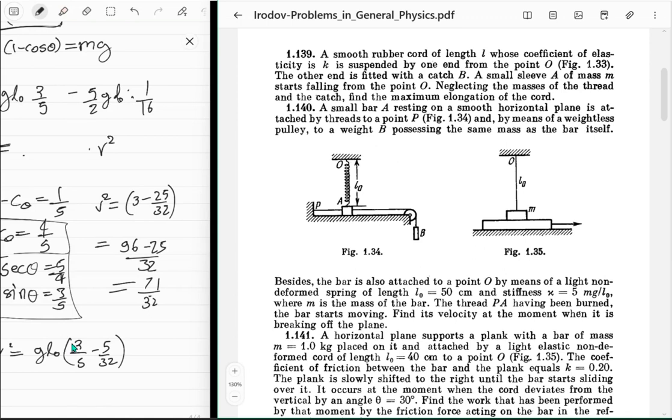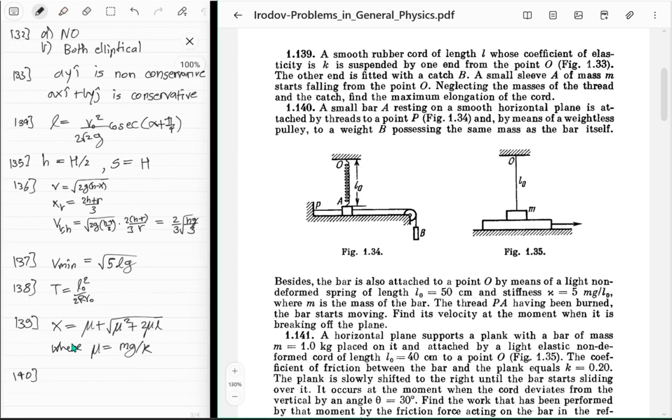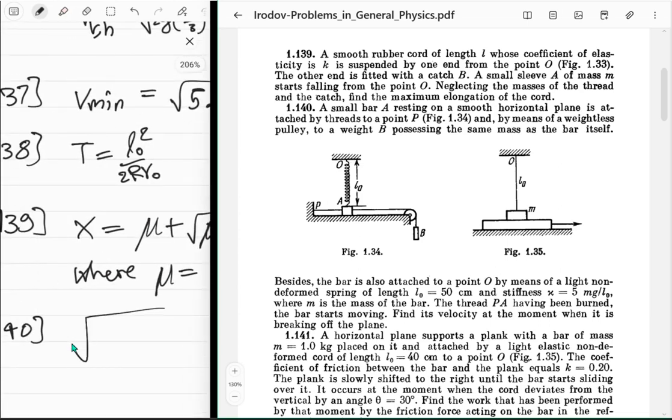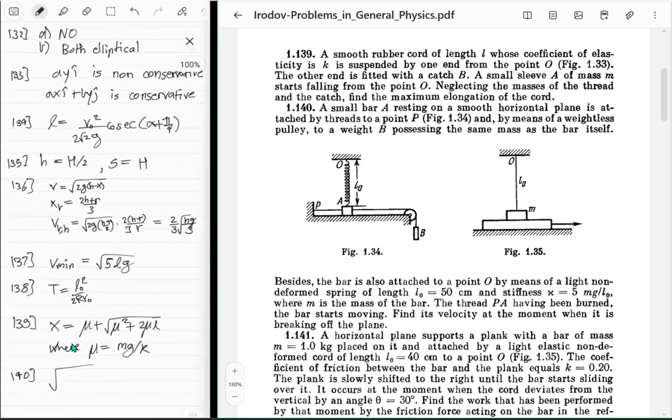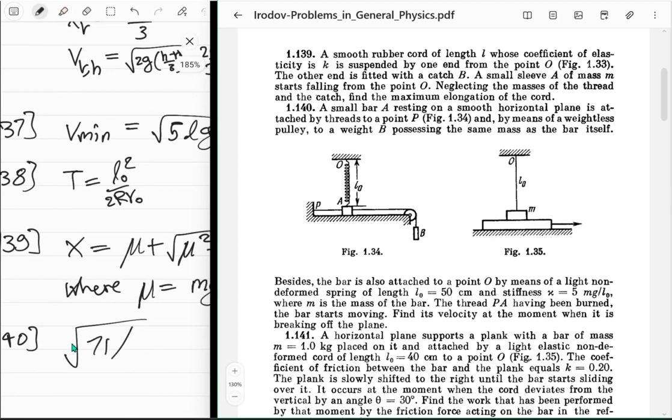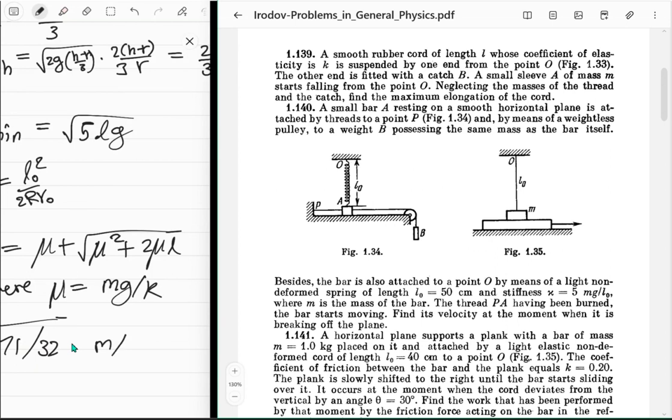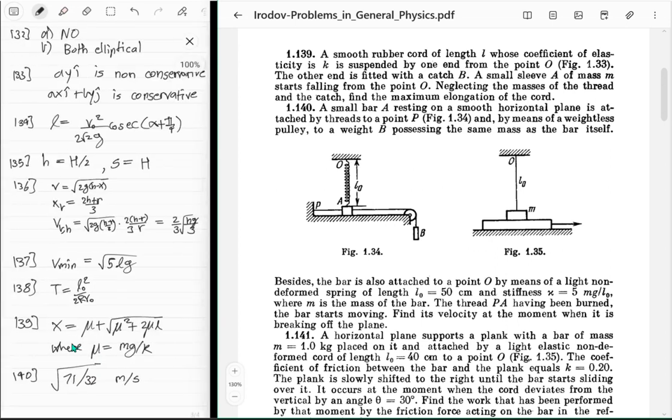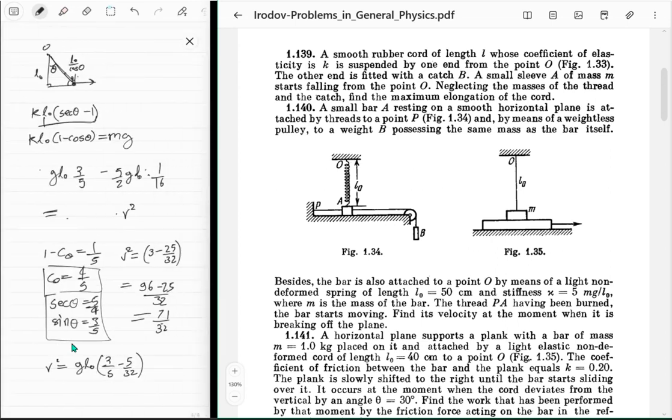Not helpful. Square root of that thing. Whatever. So the square root of 71 upon 32. Most likely it's incorrect because I made some kind of error, but whatever. Meters per second in SI units. Wow, this is it.